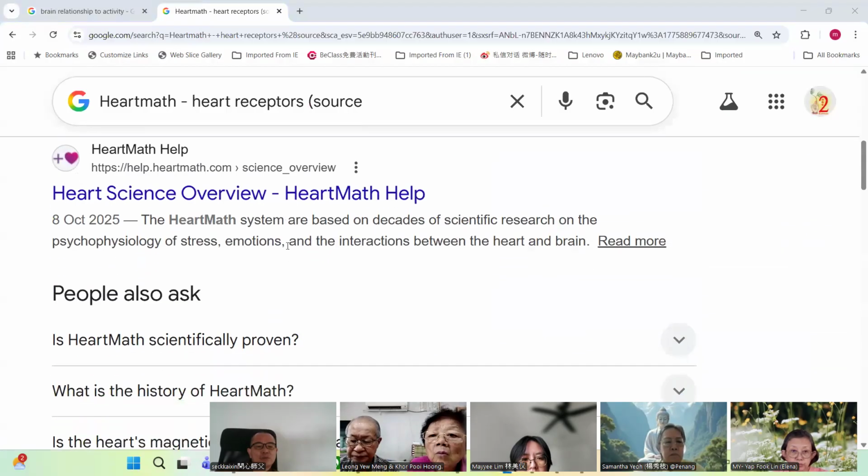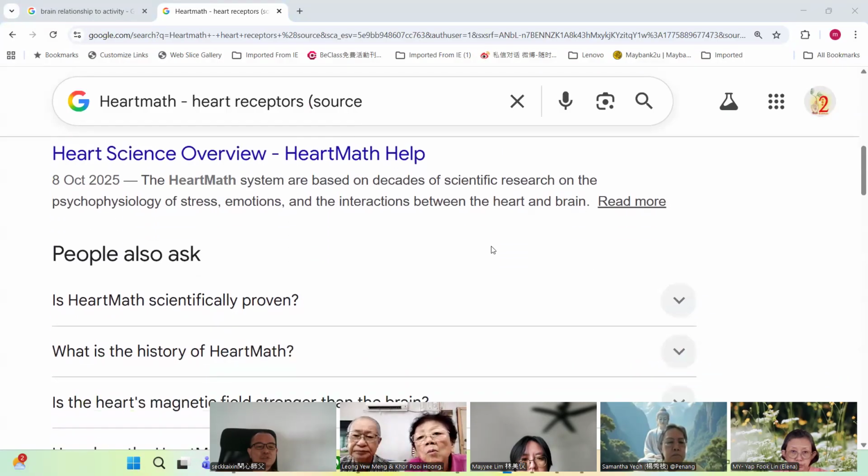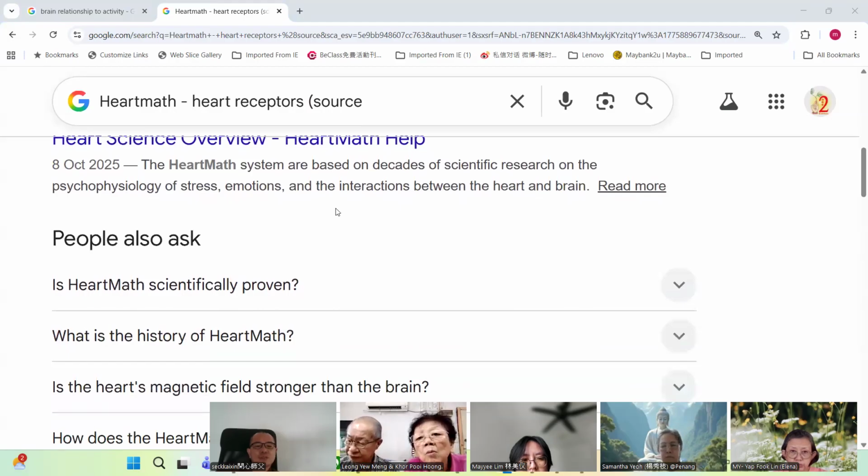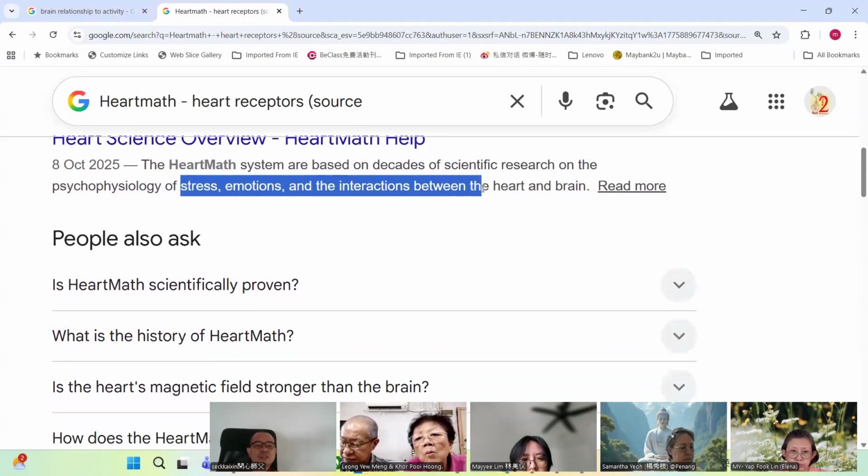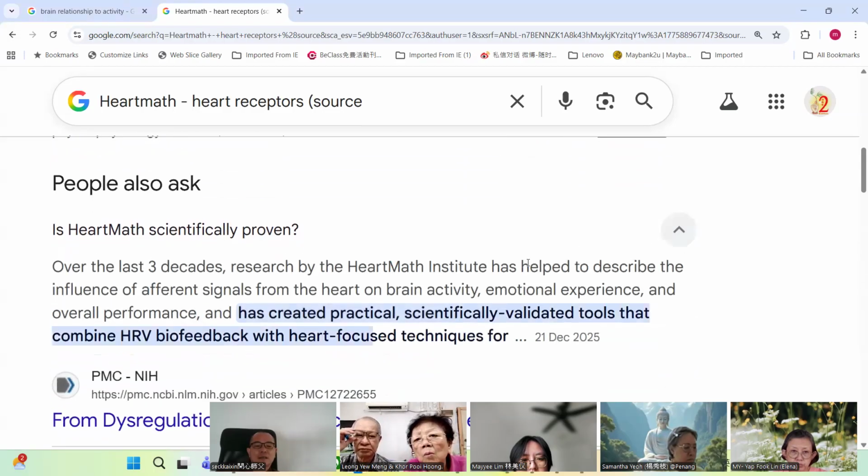Heart science overview, HeartMath based on a decade of research on psychology, stress, emotion. No, this is stress and emotion, not all the consciousness as we mentioned. What we mentioned, maybe we have 89 consciousness.